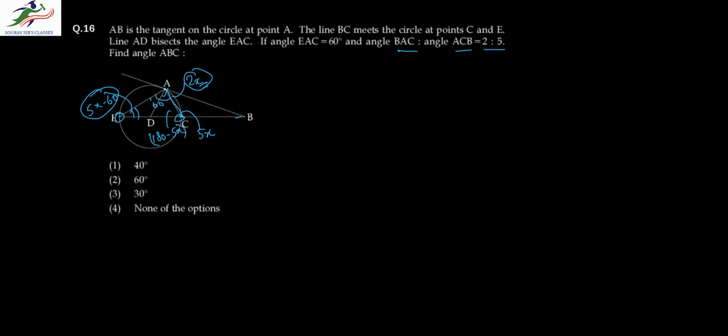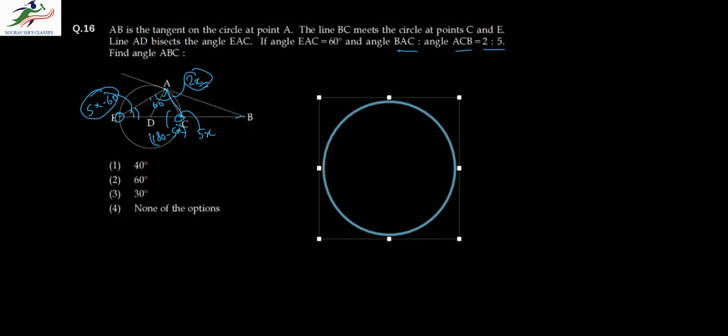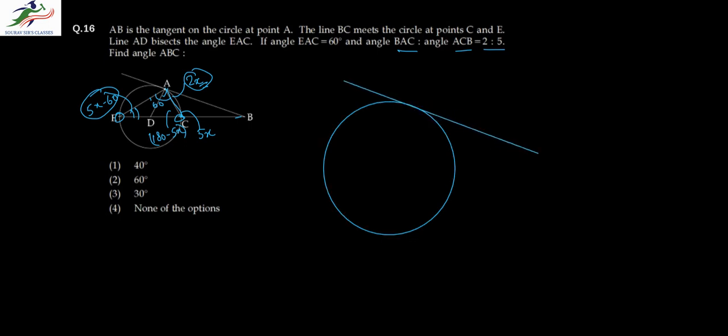Now you may ask me why. So let me explain why this is so. So we draw a circle, and we draw a tangent here, and then we draw any line which meets the circle in 2 points and meets the tangent as well.